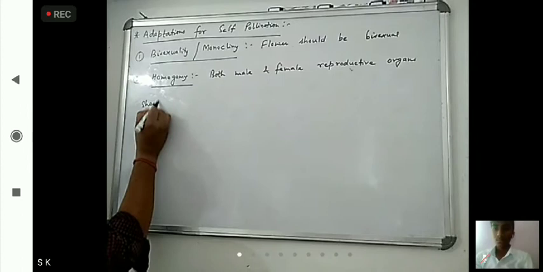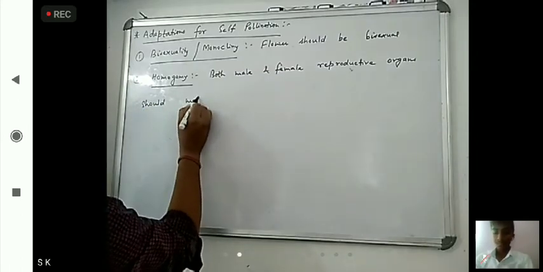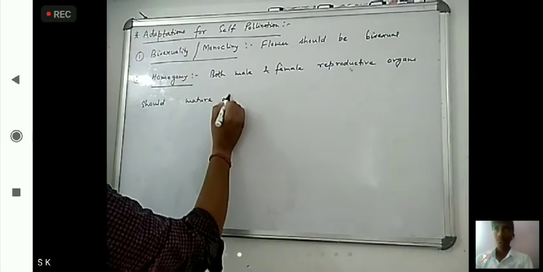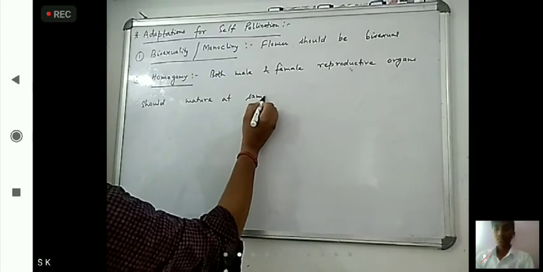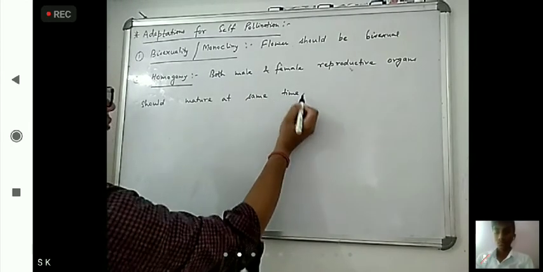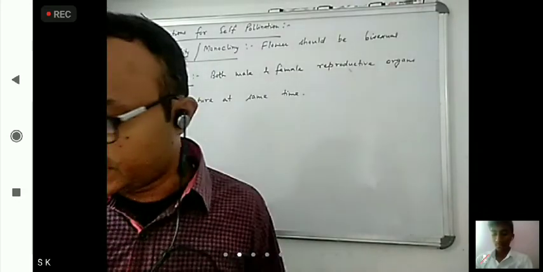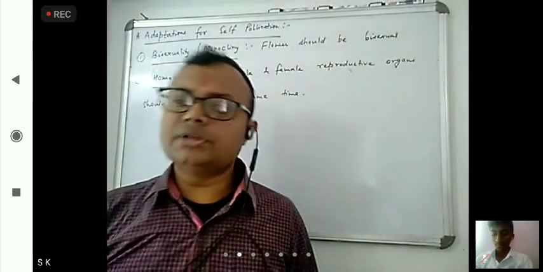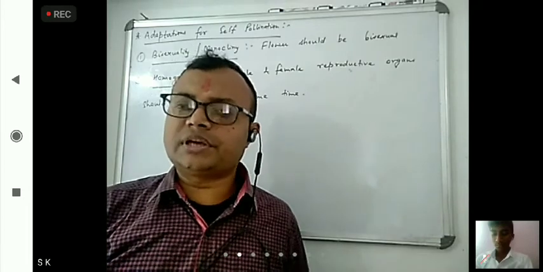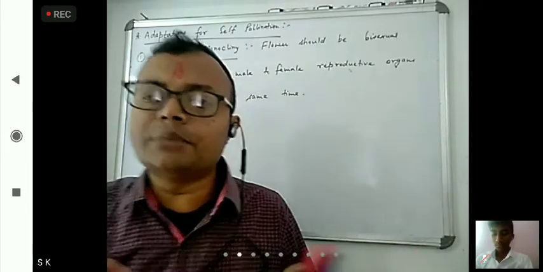This is the process known as homogamy. You can see that homogamy is clearly mentioned in Mirabilis jalapa.